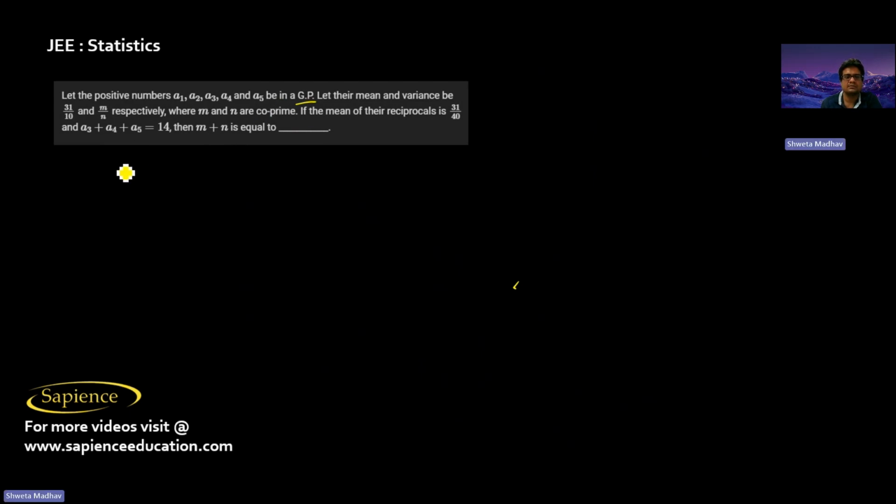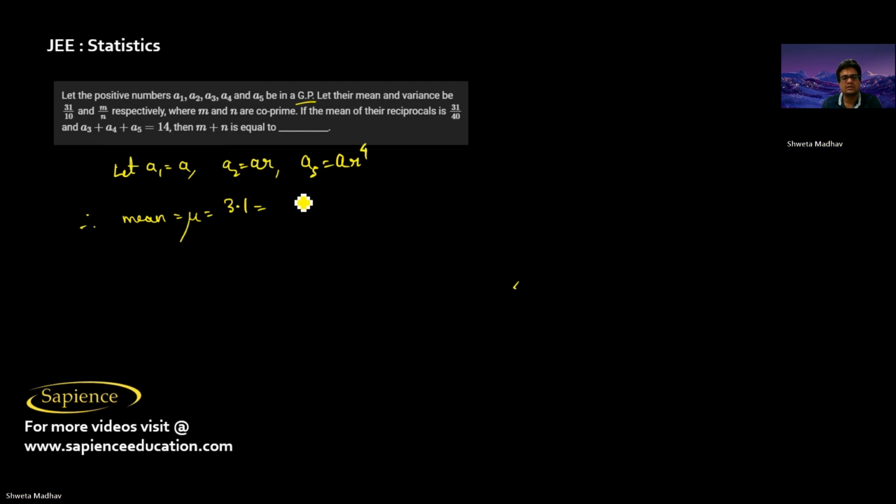So these are in GP. So let's say we can consider A1 as A, then A2 will be equal to AR, where R is the common ratio. A5 will be equal to AR power 4. Therefore, their mean value, that is equal to 31 by 10, so 3.1, that is equal to A plus AR plus up to AR power 4 divided by 5.